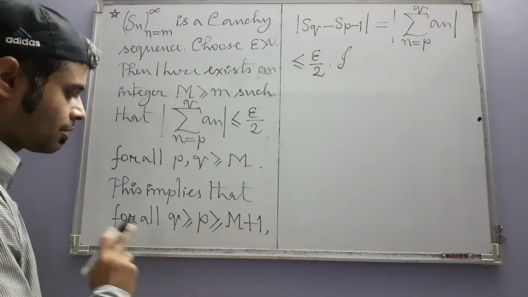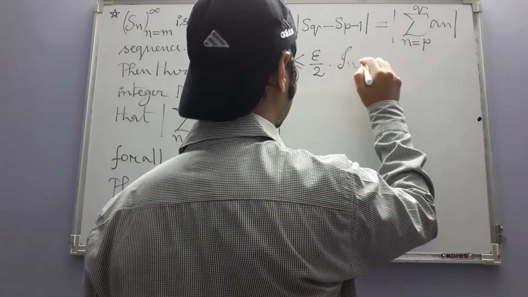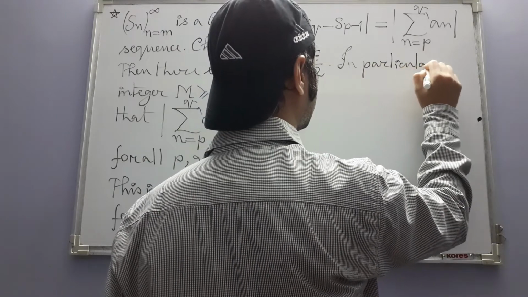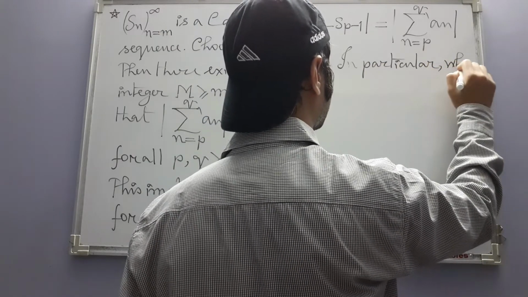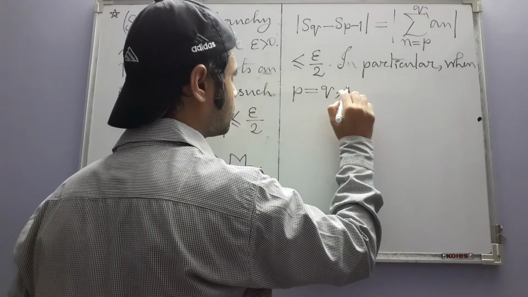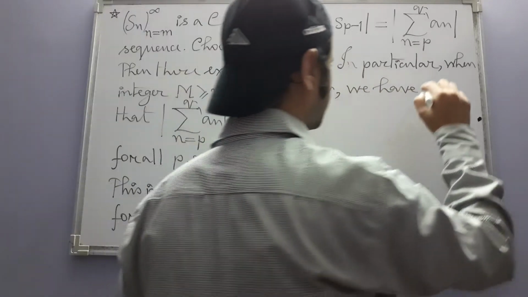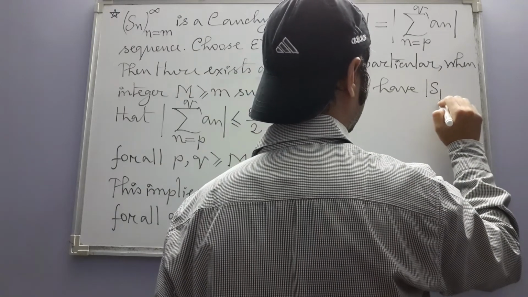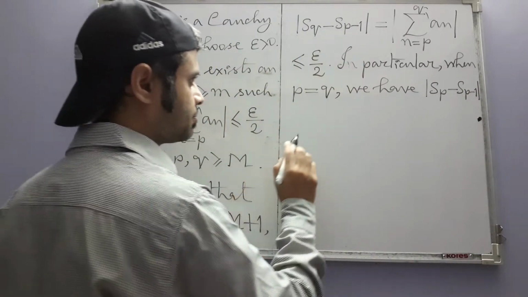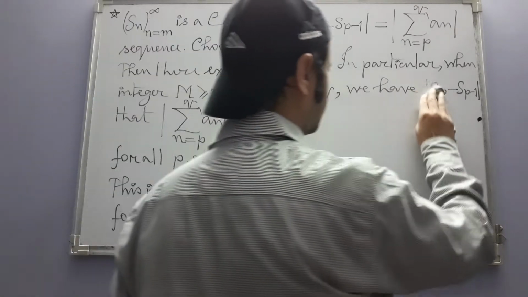Okay, so this much we have got, and still under all these conditions also there is a special case, namely when P is equal to Q. In particular, when P is equal to Q, we have, so you just put this thing here, SP minus SP minus 1 is, okay, I can write because anyway I need to write that thing, no?